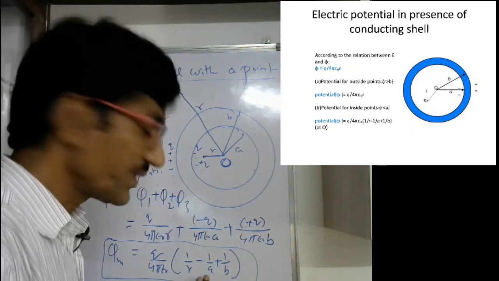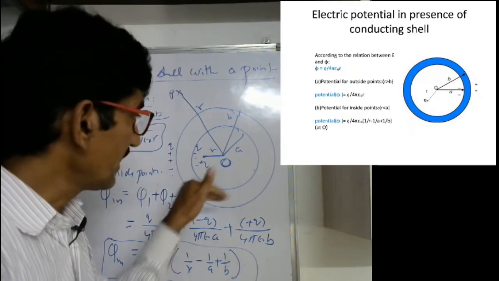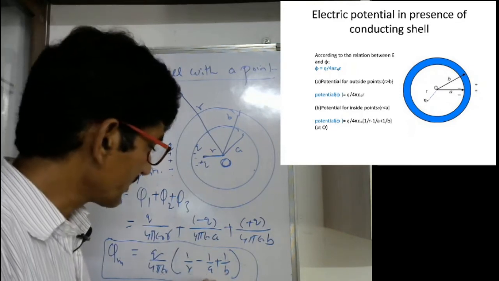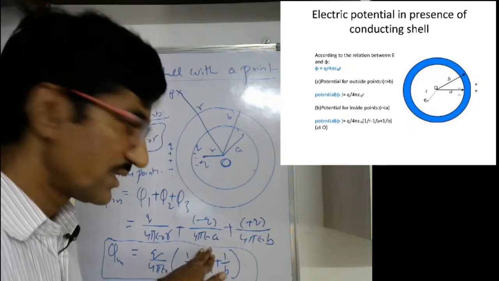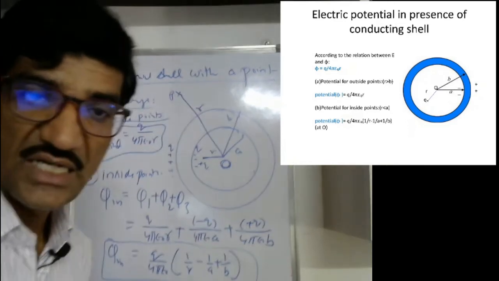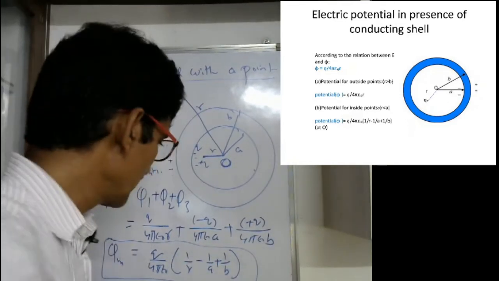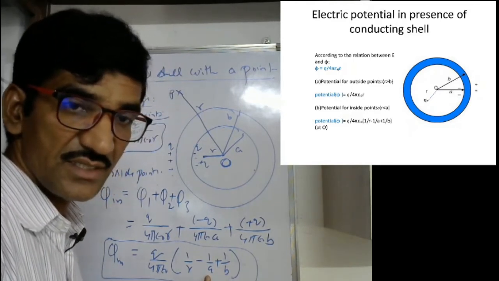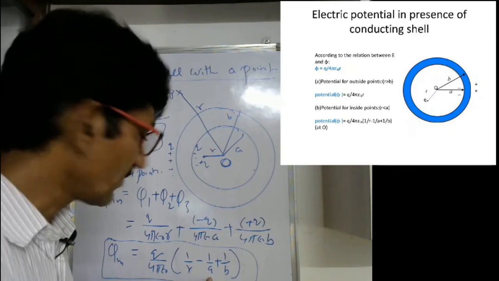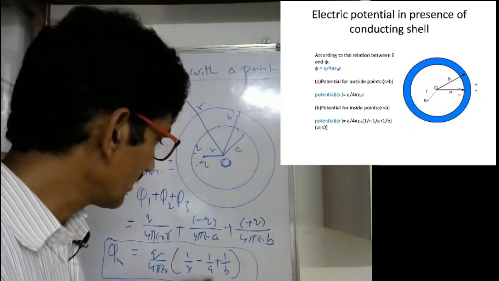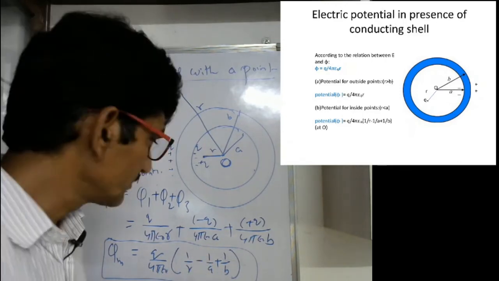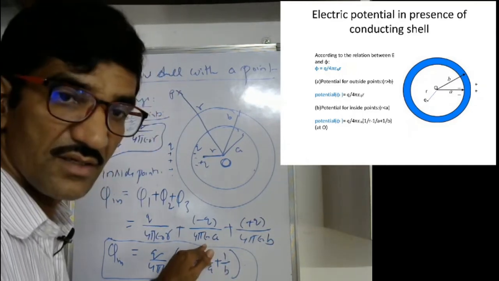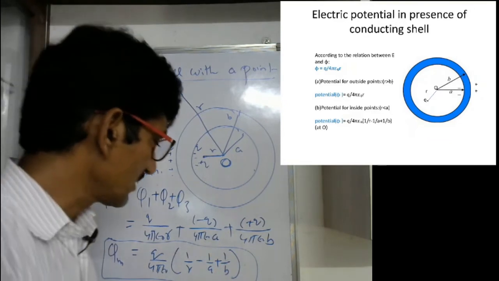Here, when you increase the radius of the inner shell, what happens? If you increase this, its value decreases, so this value increases. If you decrease this, what happens? Its value increases, so its value decreases.